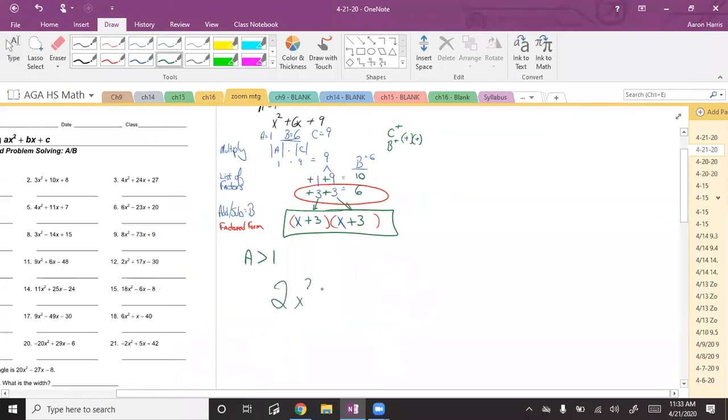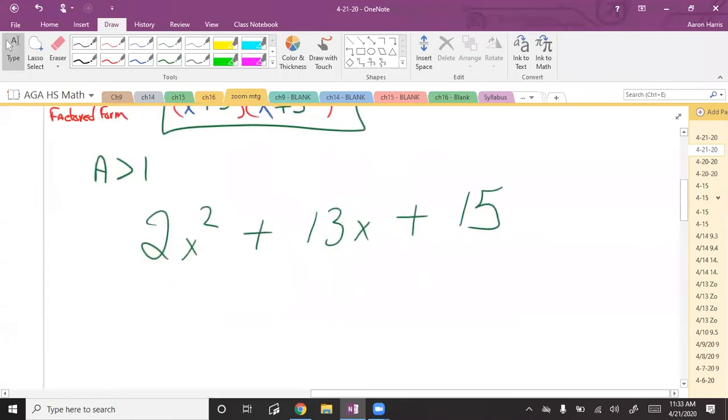So I get 2x squared plus 13x plus 15. Oh no. A is greater than 1. Well, you start off doing the same thing. List A, B, and C. So A is equal to 2, B is equal to 13, C is equal to 15.